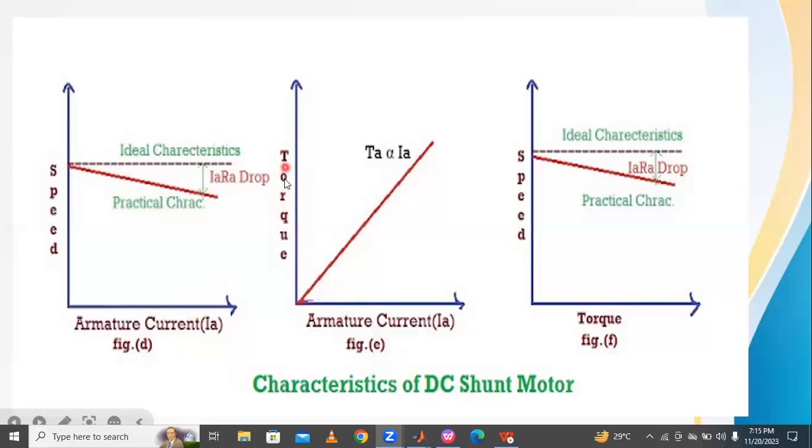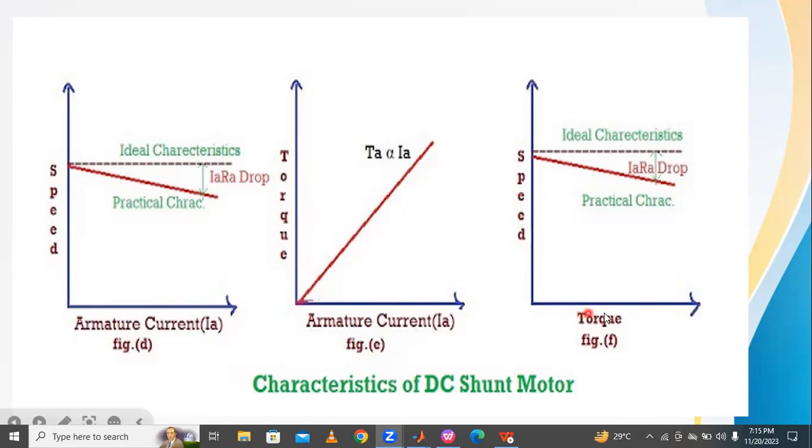Okay, the next, torque versus armature current, the torque versus IA characteristics. Armature torque versus armature current is linearly increasing. So torque is proportional to IA, that is, torque is equal to K into phi into IA. The torque is equal to K into IA. So this is the torque versus armature current characteristic of the DC shunt motor.